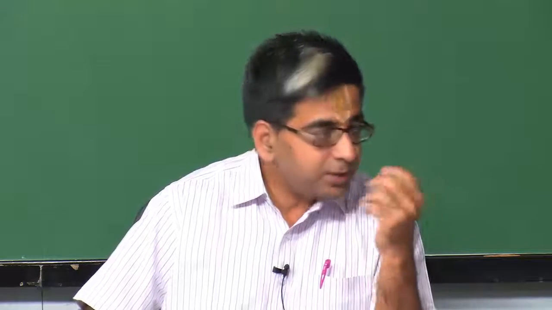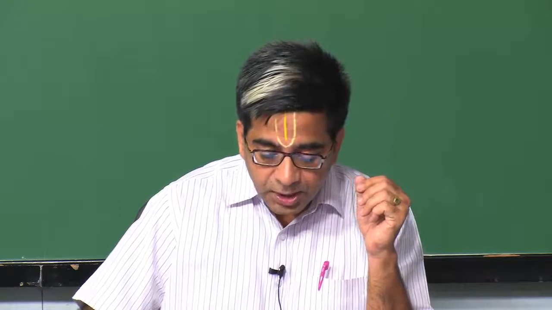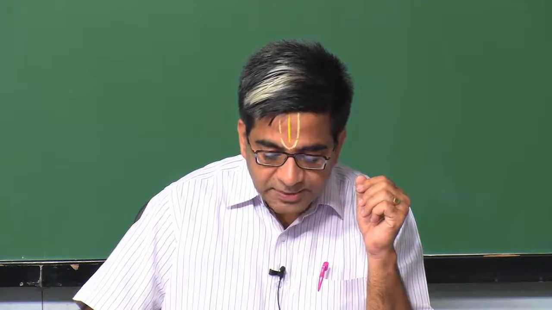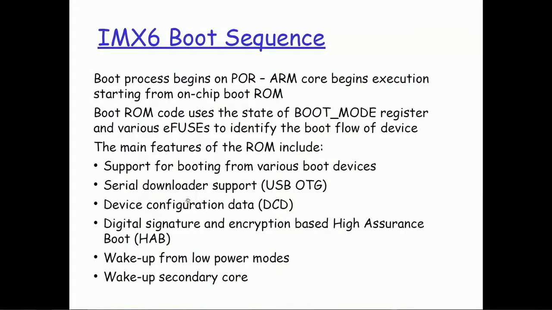So, we are right now in the process where the boot ROM is looking at the different boot devices that have been configured, and out of those it is going to expect the bootloader to come in. Serial downloader support is there. I could download it over USB, typically over the network, or over the serial port.